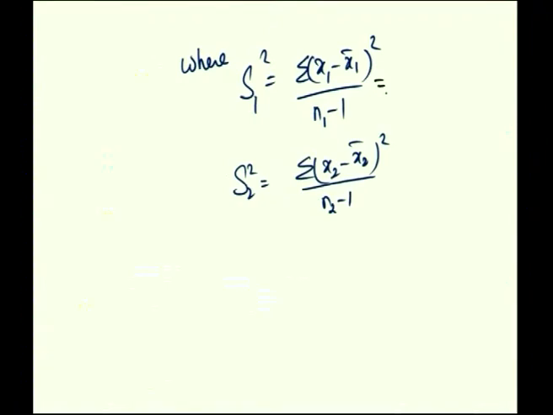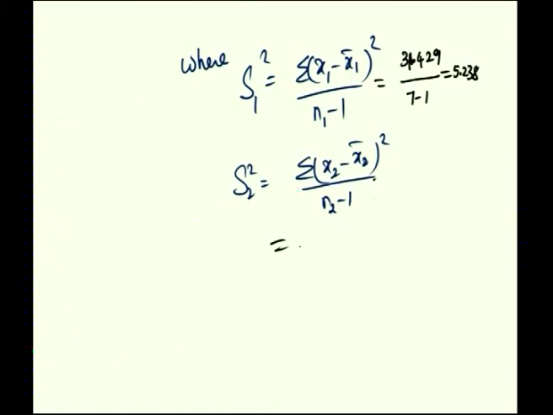Now, taking these values, we shall calculate capital S1 square and capital S2 square. Capital S1 square is equal to 31.4288 by n1 minus 1, which is 7 minus 1, that is 31.429 by 6, which is equal to 5.238.